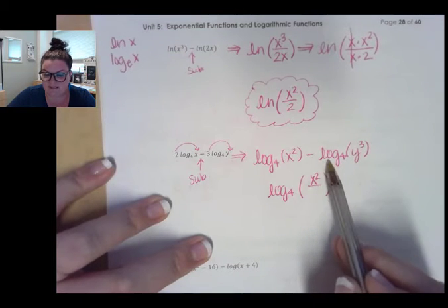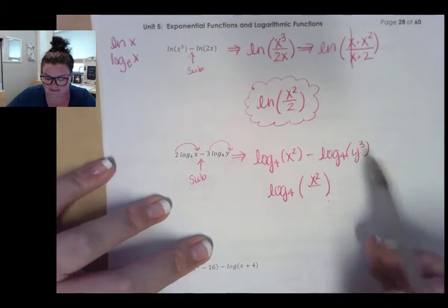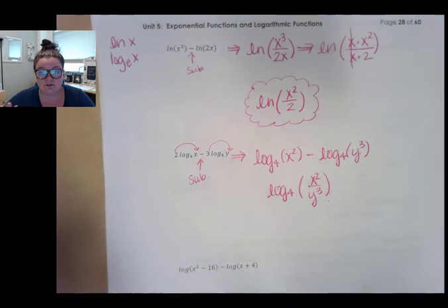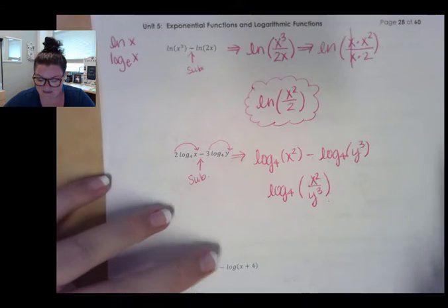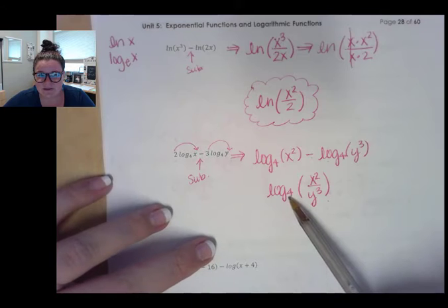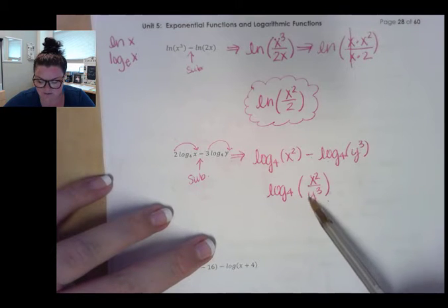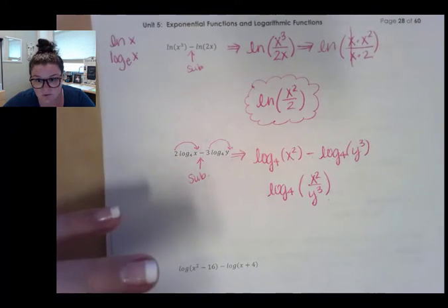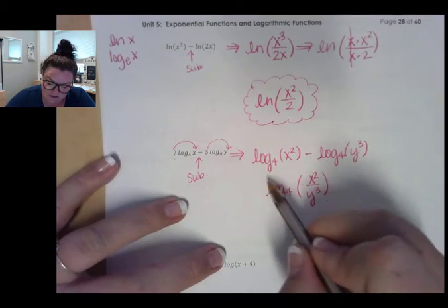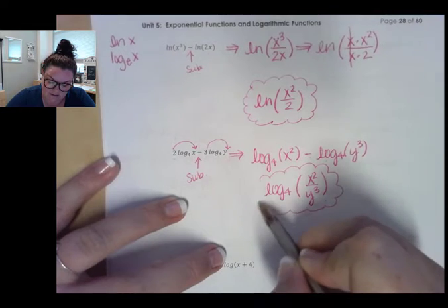And then the term that's being subtracted, its factor inside is what goes on the bottom, y cubed. Okay. And then I double check to make sure that this is as fully simplified as I can get it, right? Log base 4, I would need a 4 to some power to be able to cancel out this log. And you can see here I don't have any 4s or any powers of 4. And then x squared and y cubed does not simplify. So we just leave it like this.